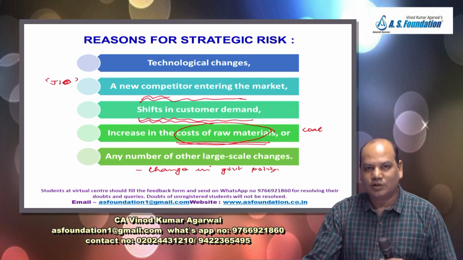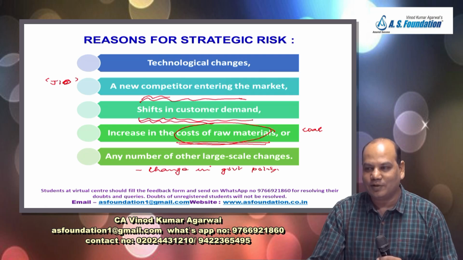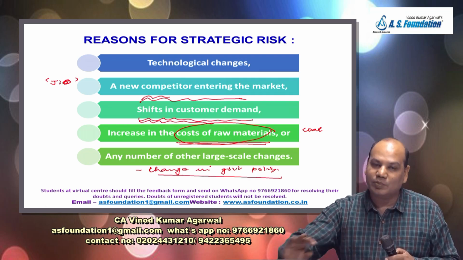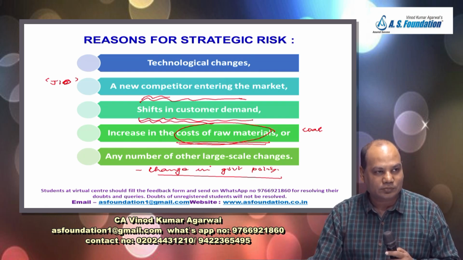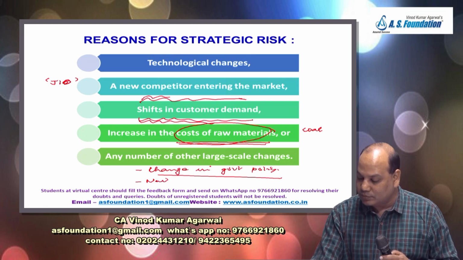And the government says 500 and 2,000 rupee notes are no longer available or useful. Your business strategy can undergo a change and you can be gone out of the market also. Then a new substitute product may be available. Substitute product.